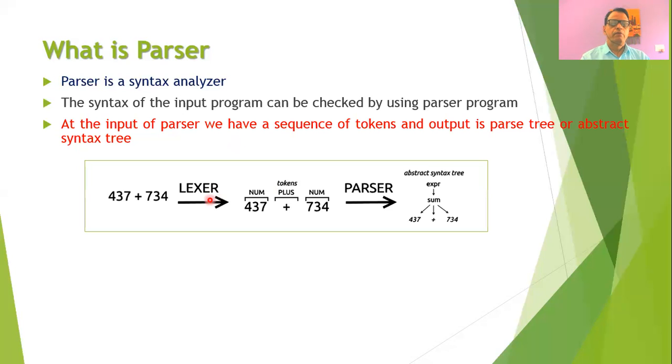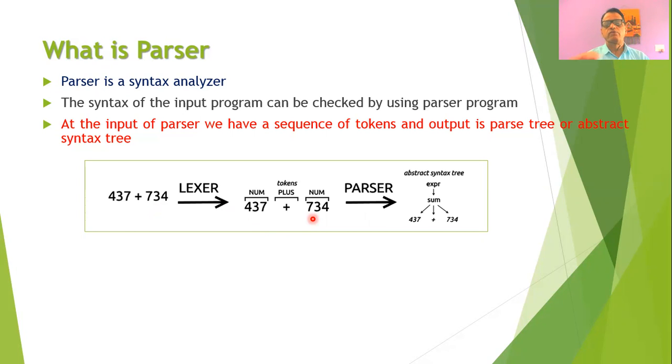Say, for example, we have written a small code of this form: 437 plus 734. When we connect such code to the lexical analyzer, called the lexer, at its output we will get a sequence of tokens. That is, a token will be generated for the number 437, a token for the operator plus, and a token for the next number 734.